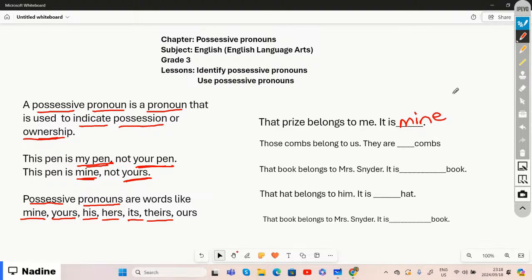They are mine combs. They are your combs. They are his combs. They are hers combs. They are its combs. They are theirs combs. Or they are ours combs or our combs. Which one is correct?